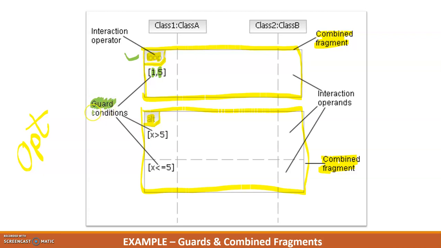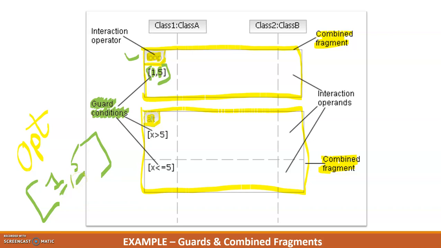We also call them the condition or the guard conditions. Guards or the conditions. And they are always inside square brackets. This way. 1 and 5. Right? So if it's a loop, we have initialization and termination.